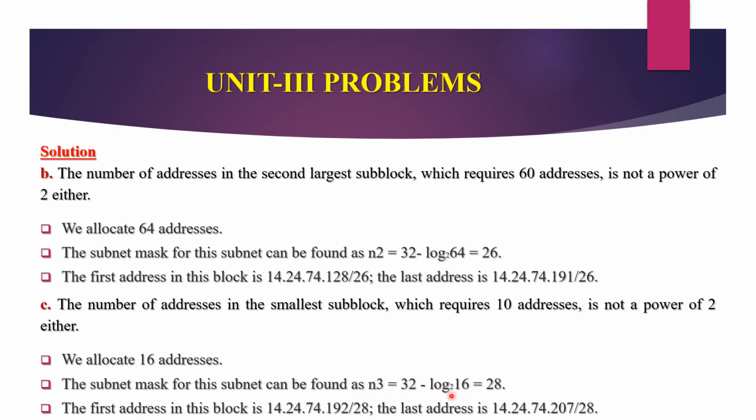The first address in this block is 14.24.74.192, since the previous block ended with 191, so it is 192/28, and the last address is 14.24.74.207. So these are the addresses in the third subblock. We will go to the next problem.